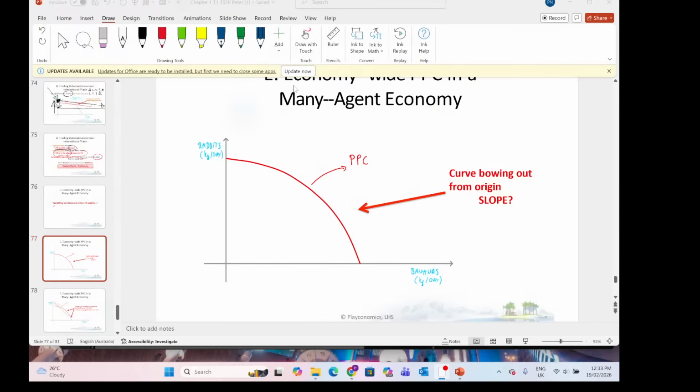All of us will have slightly different levels of skill, education, expertise, other resources available to us. So when we think about putting all these people together, we're going to have lots of people with lots of different trade-off slopes. So let's see how this translates back to our diagram.